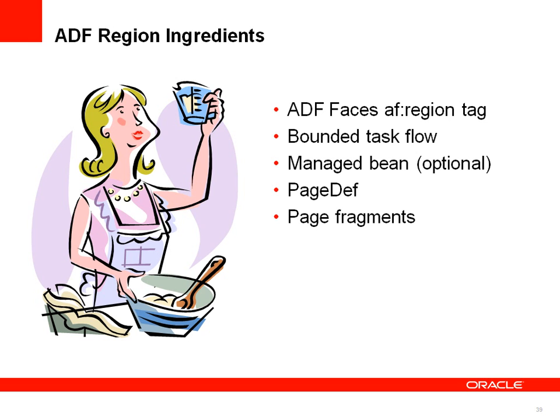So what are the ingredients of an ADF region? First of all, to start with, is an ADF Faces tag. There's an ADF region tag, and at runtime this is represented by an object which is a rich region object.